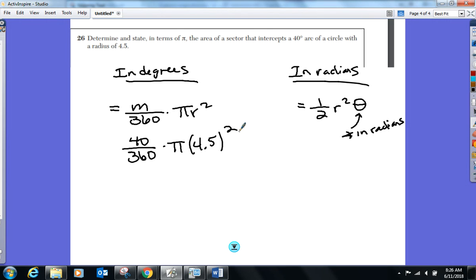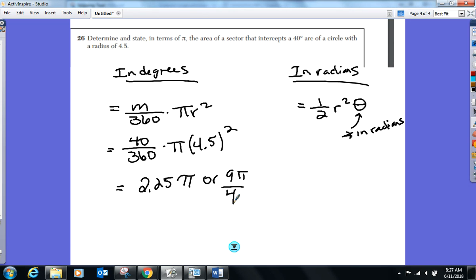So everyone's doing 40 over 360 times 4.5 squared, leaving the pi out of your calculator screen. And then whatever number you get there, which I believe is 2.25, I attach the pi with it. Or if you want to leave it as a fraction, 9 pi over 4. Yep, go ahead. Should we memorize? It's pretty worthy, yeah.